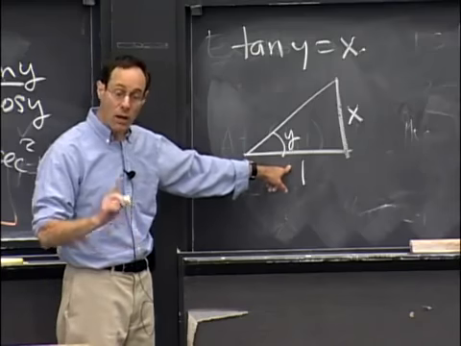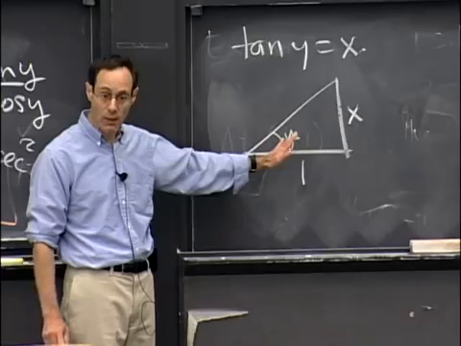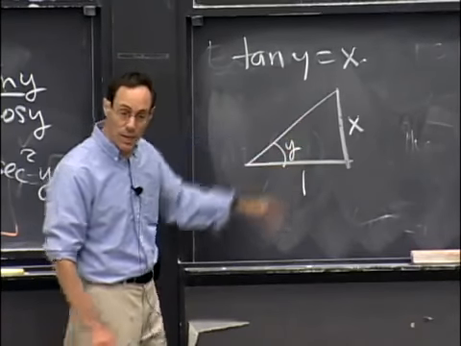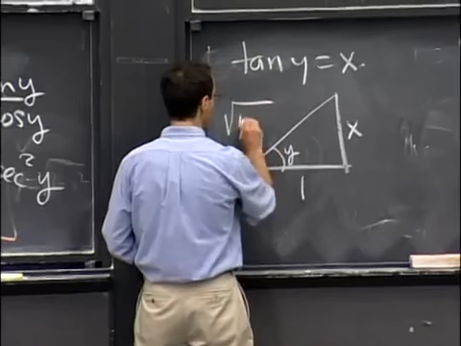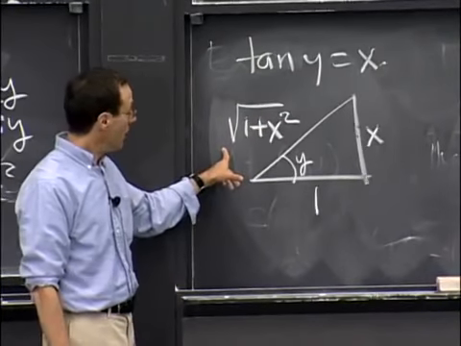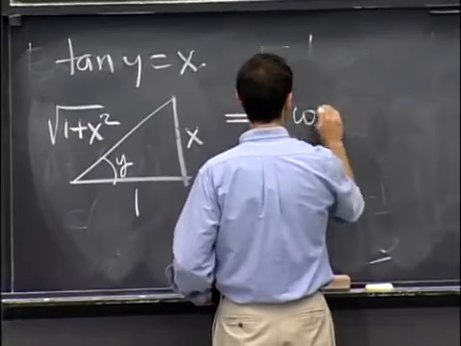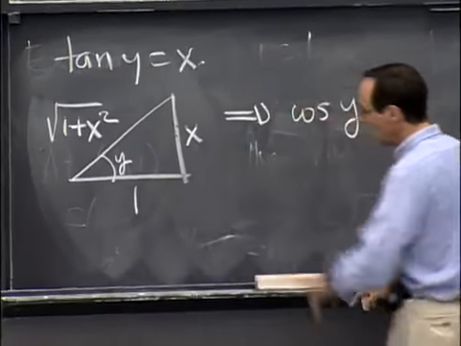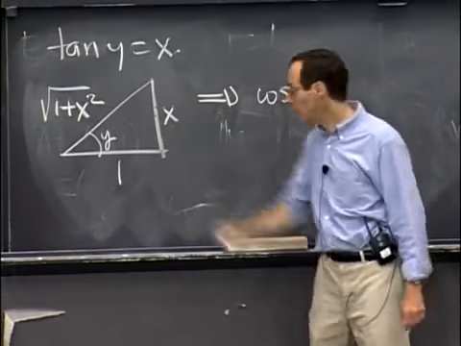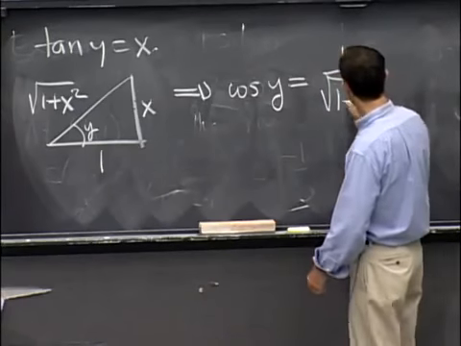And now, all I have to do is figure out what the cosine of y is in this right triangle. In order to do that, I need to figure out what the hypotenuse is. But that's just the square root of 1 plus x squared. And now I can read off what the cosine of y is. So the cosine of y is 1 divided by the hypotenuse, so it's 1 over the square root of 1 plus x squared.